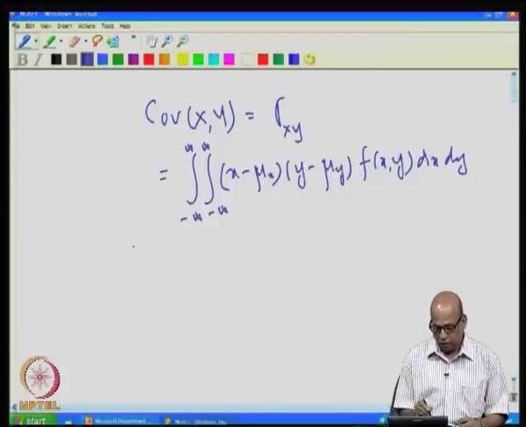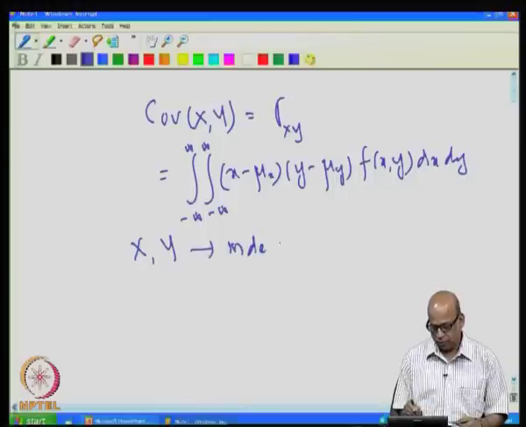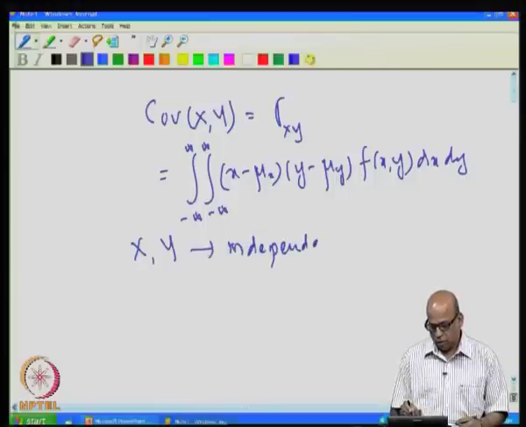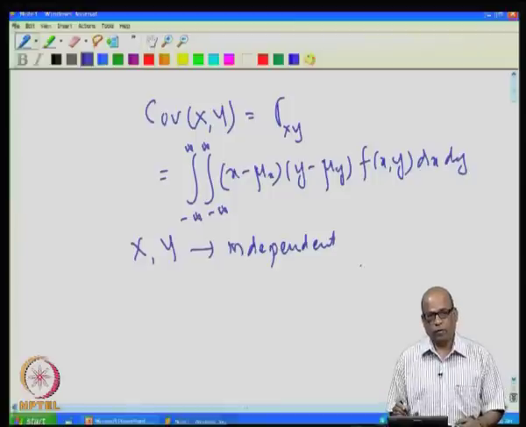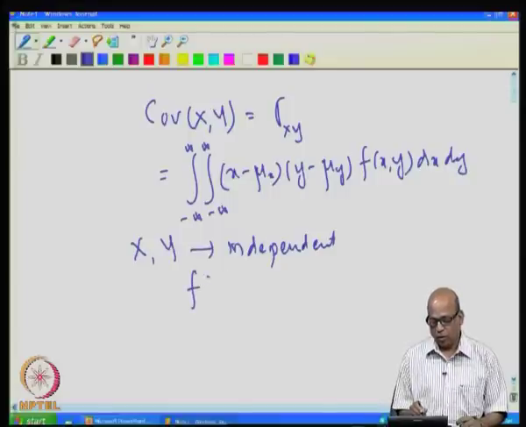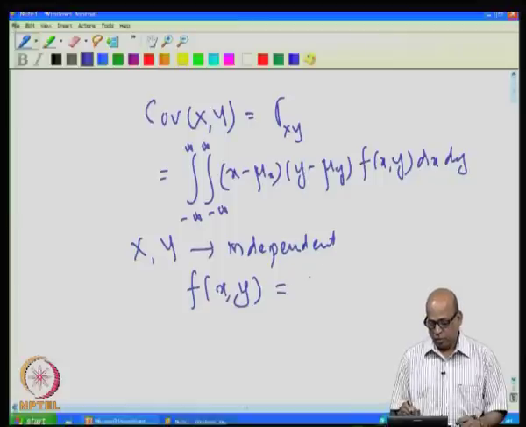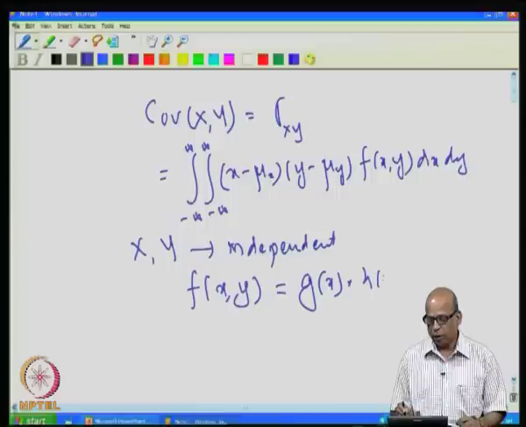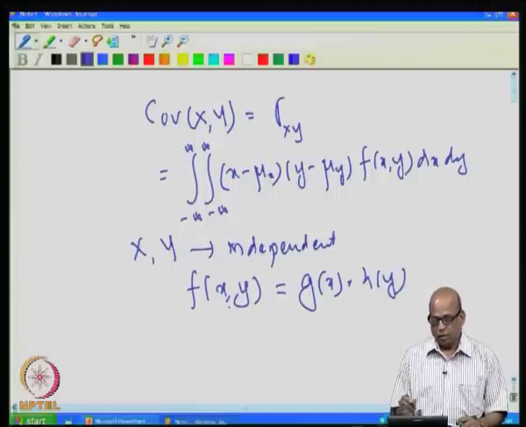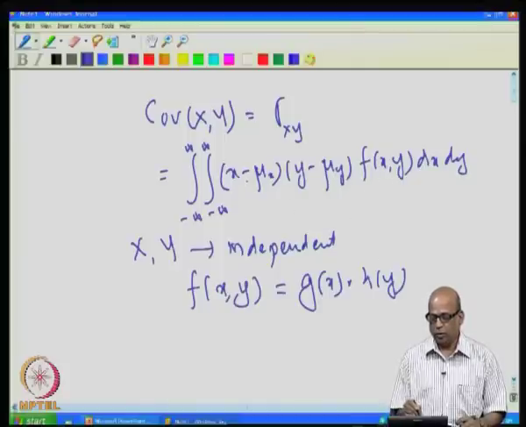Now, if x and y are independent random variables, what is the property of stochastic independence? Recall that when x and y are independent, your joint density function f of x y will be equal to the product of the marginal density functions, that is g of x into h of y. So, we use this result and write f of x y is equal to g of x into h of y in this expression.